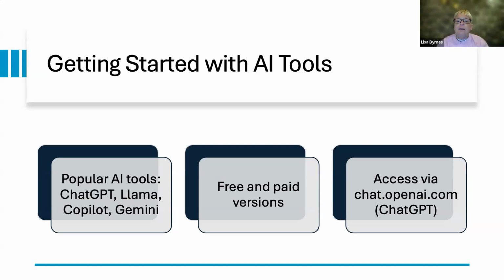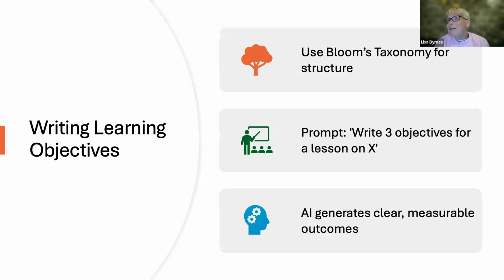So let's talk about one of the things that we can use ChatGPT for, and that is to write learning objectives. So we can all write learning objectives, instructional designers, faculty can write learning objectives, but we have found that it can be done very quickly with Chatty G. You can ask it to do something very simple like write 3 undergrad level objectives for a lesson on whatever topic using Bloom's taxonomy.